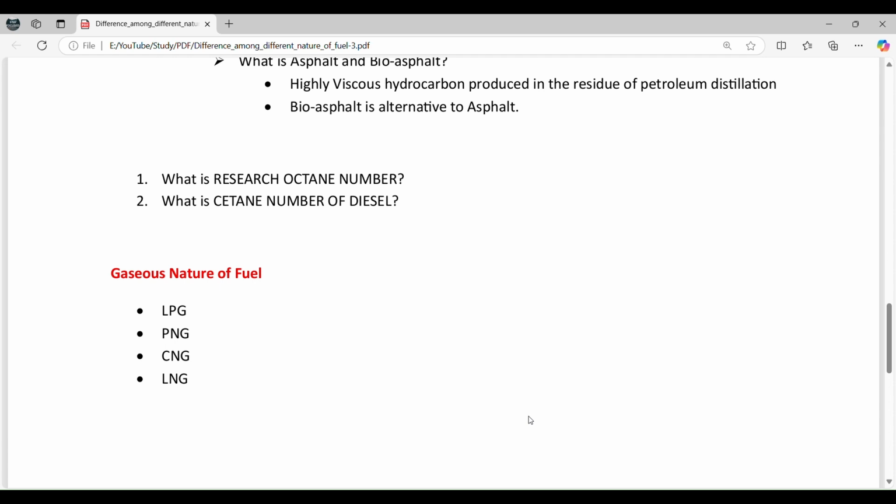So, out of this, I can say that an increase in carbon chain length will decrease the octane number. Means if carbon chain length increases, it leads to a decrease in octane number, which leads to a decrease in performance, which means it has a lower compression ratio, which means the engine efficiency and the power of the engine is low.